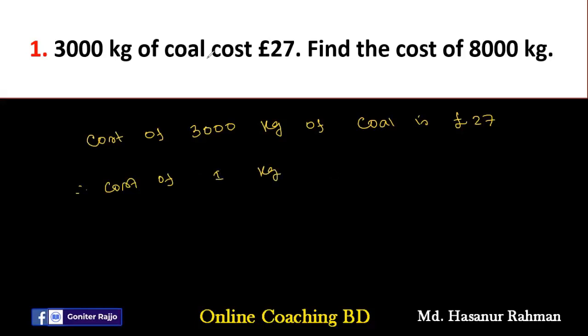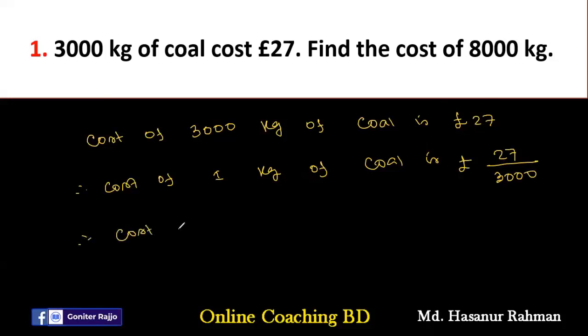If the cost of 3000 kg of coal is 27 pounds, then the cost of 1 kg of coal will be less than 27 pounds. So we have to divide. That will be 27 divided by 3000. If the value is decreasing, then we have to divide.